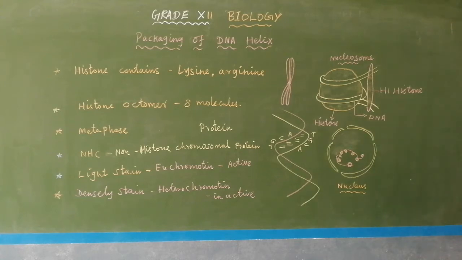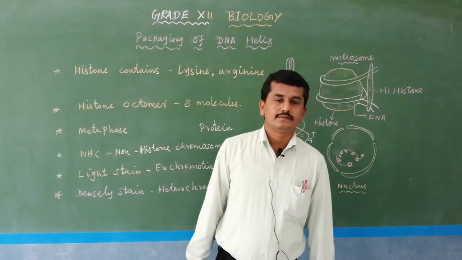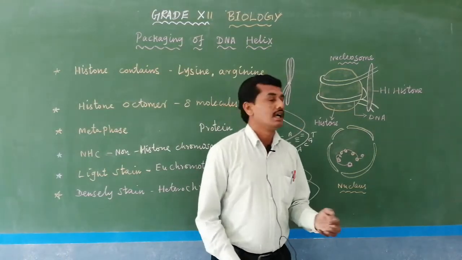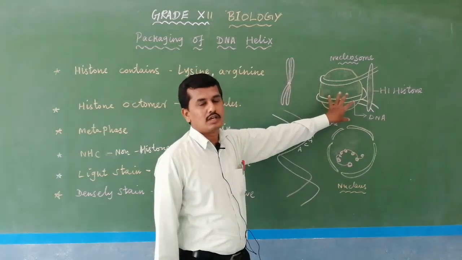Okay, so far we have completed DNA and the packaging of DNA, what is meant by histone, and what is meant by nucleosome. That structure is very important for your board exams.